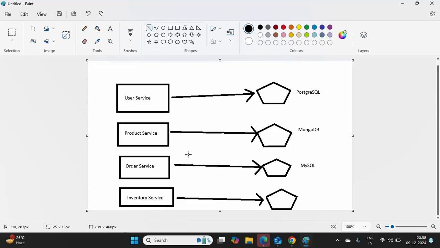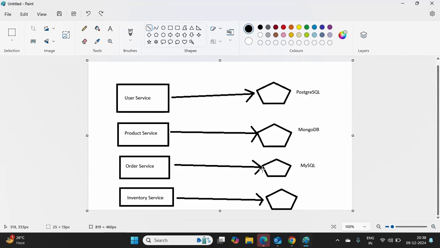By implementing this design pattern, what are the benefits? Now I'm getting multiple orders due to the festival season. At that time I will only be able to scale the order service instead of worrying about the other services. The scaling is possible. Why?